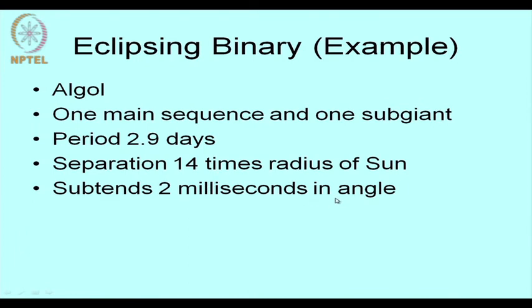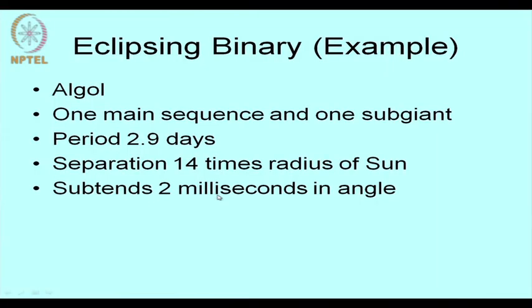In the usual traditional imaging, you will not be able to make out that there are two stars in the sky, but if you use high resolution imaging like interferometry or adaptive optics, you can make out this 2 milliarcsecond separation and distinguish the fact that there are two stars.